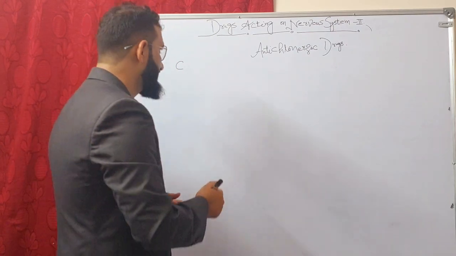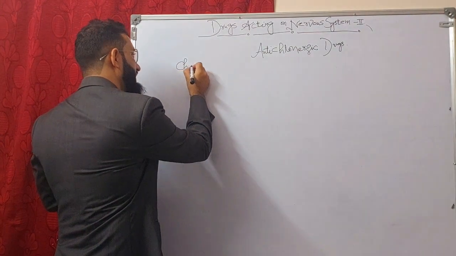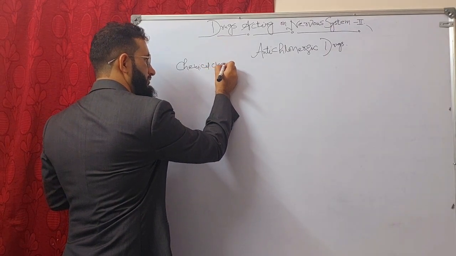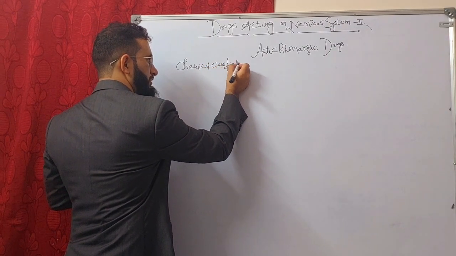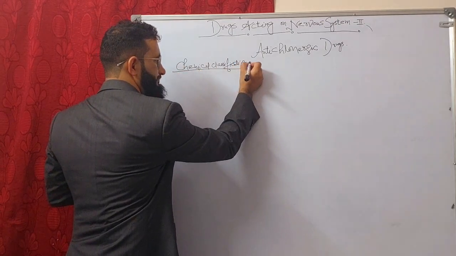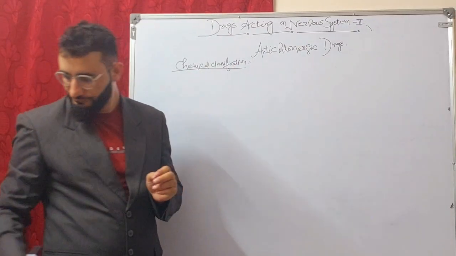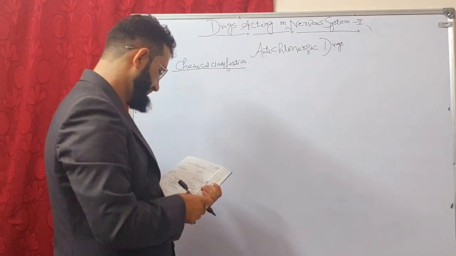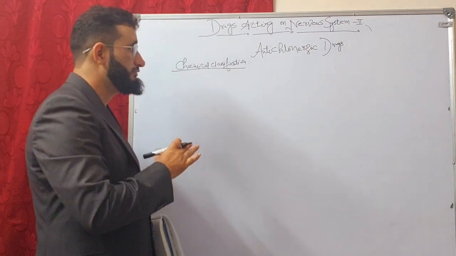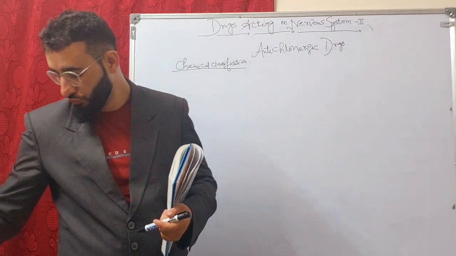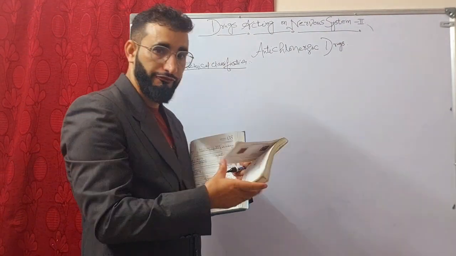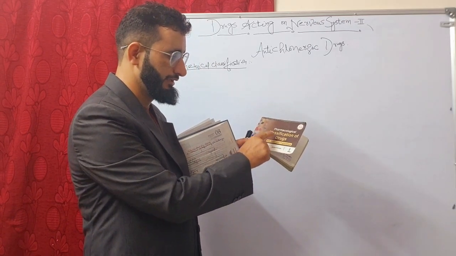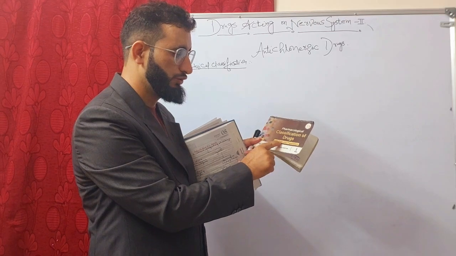So for anticholinergic drugs, let's see the chemical classification. The reference for this is KD Tripathi, the 6th edition, pharmacological classification of drugs with dose and preparation.